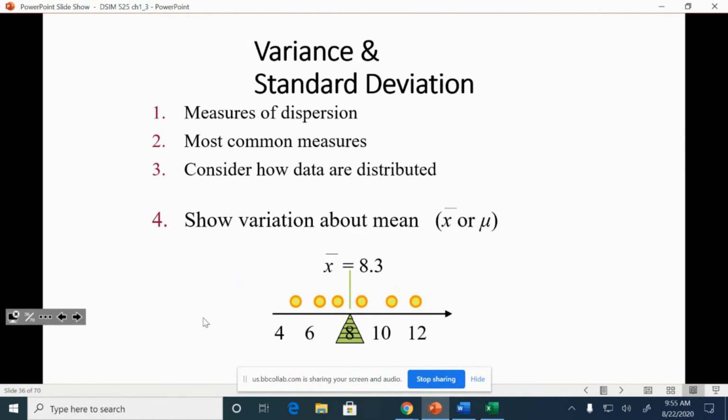I know in healthcare we use standard deviation a lot because when we're doing quality controls on our tests, in order for the test to be reported out, our controls have to be within 2 standard deviations. So these are both measures of dispersion. They're the most commonly used. So it takes into account how the data is distributed.